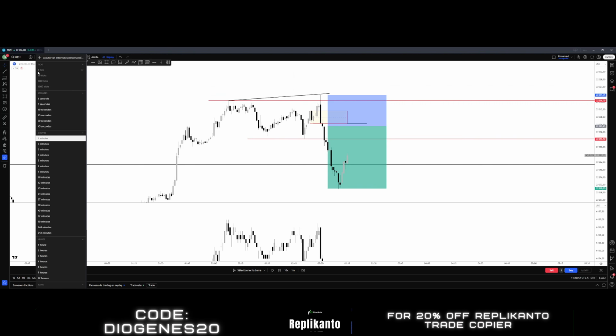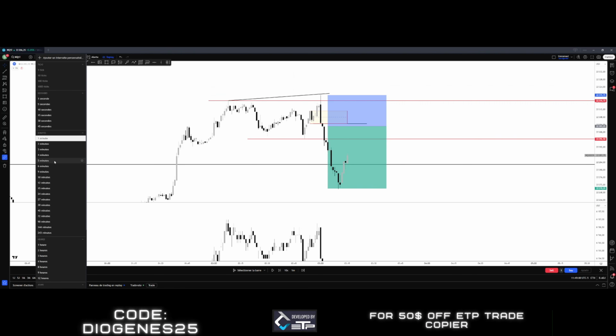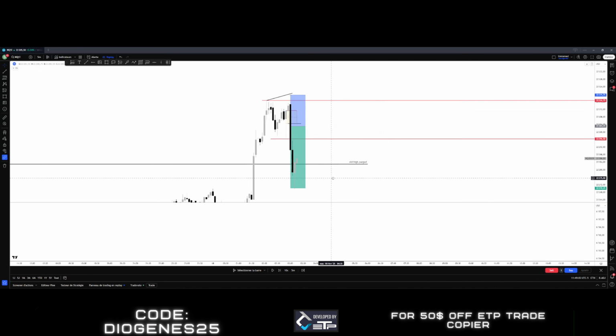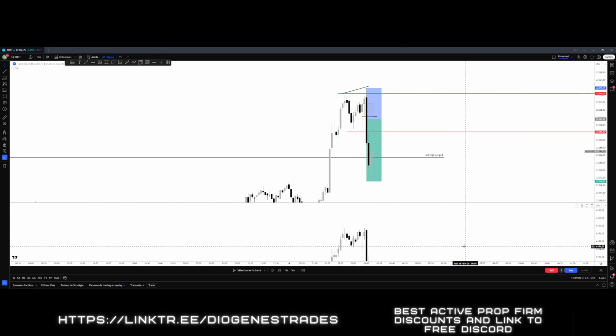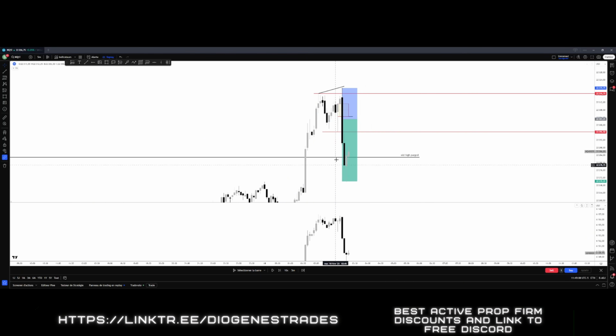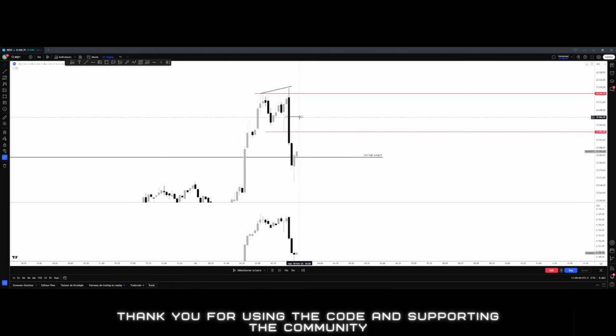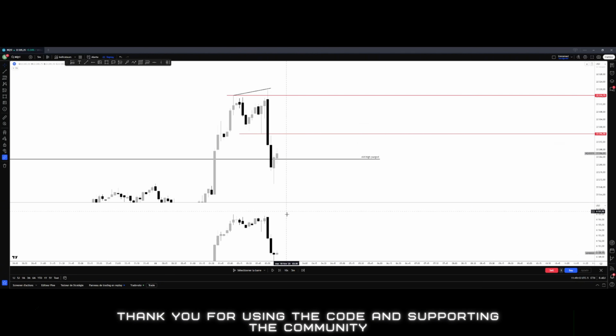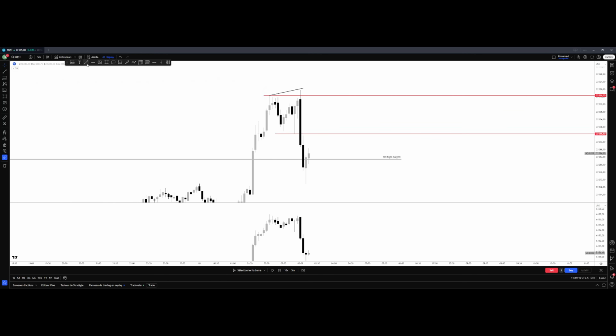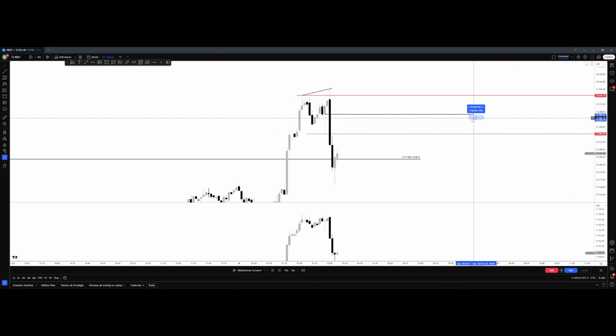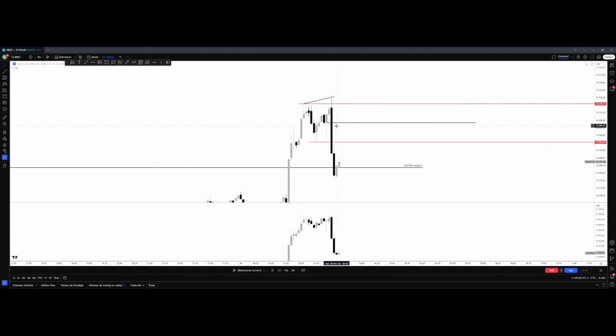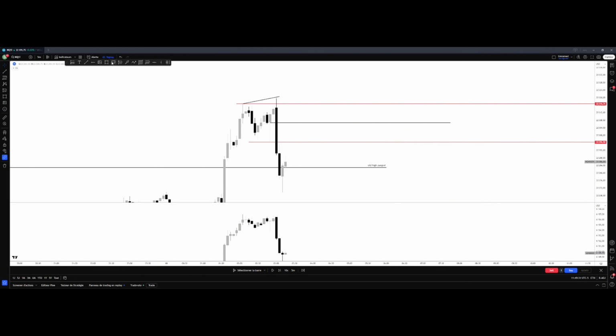But if you go back to the 5 minute, you will see that price actually printed this change in state of delivery here, right, without reaching back to this change in state of delivery, and we also had this fair value gap, right?